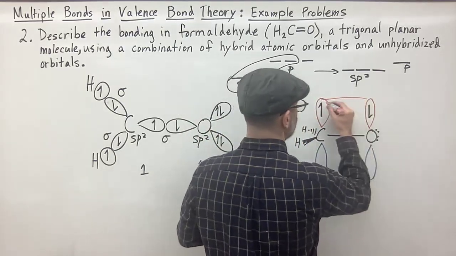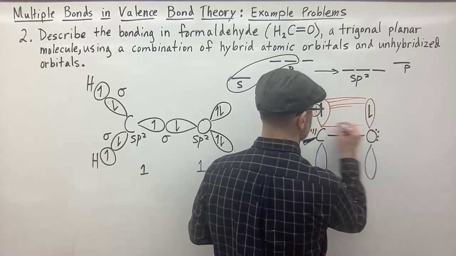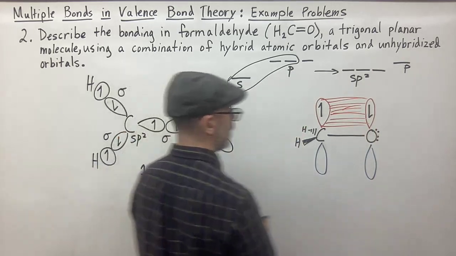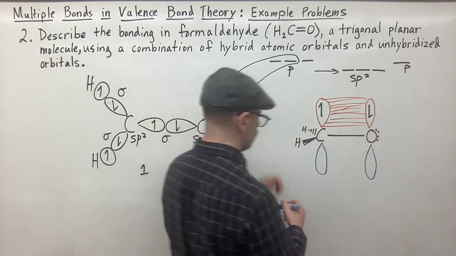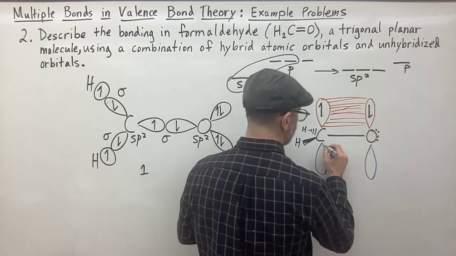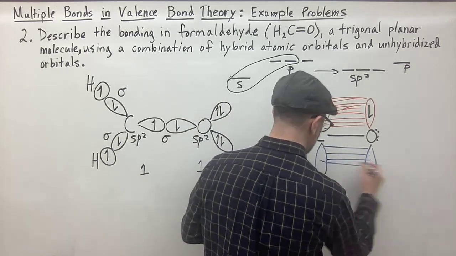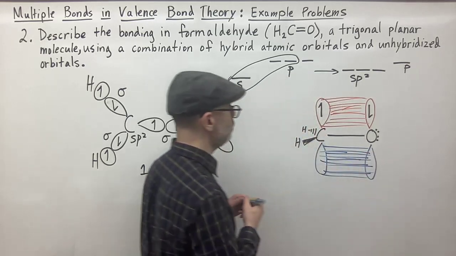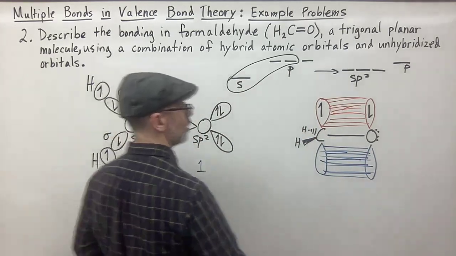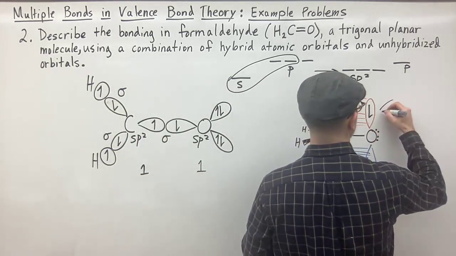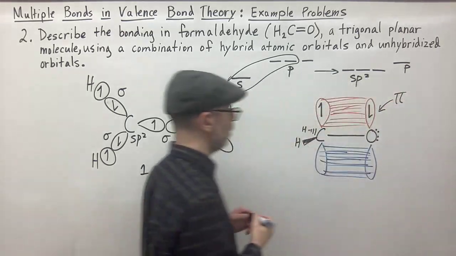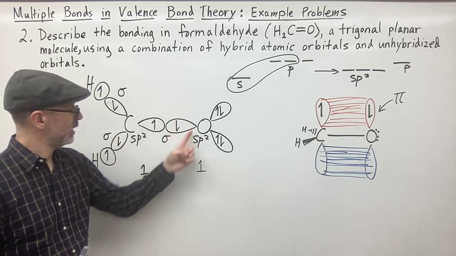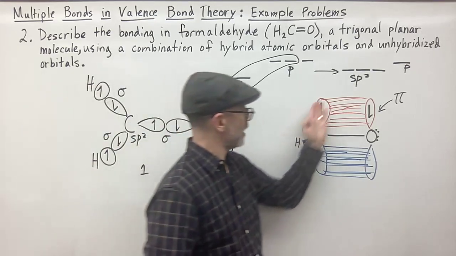And so we'll get this overlap here, and we're going to get overlap here, like so. And so then we've got our pi bond. So you can see that between the carbon and the oxygen, we have 1 sigma bond and 1 pi bond.